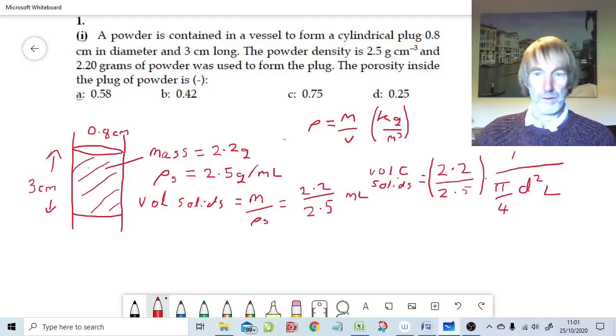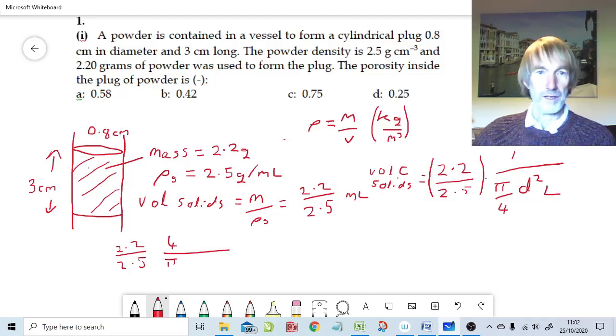Okay, let's bring the question down to here then. So we have 2.2 divided by 2.5, pi over 4, so we can actually take the 4 up to the top.